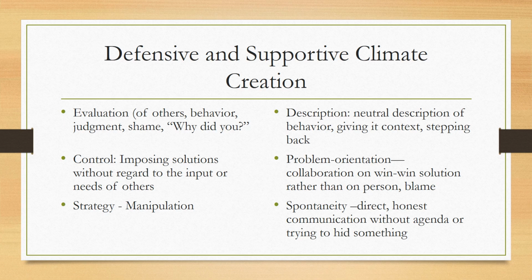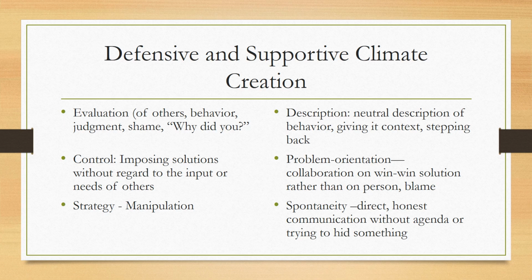Something I really like is Gibbs' defensive and supportive climate creation. You can look this up, and I've just put the basics here, but you can look at this briefly. What he does is he has 6 categories, and he shows defensive communication versus supportive communication. So you've got the defensive on the left side and the supportive on the right side.